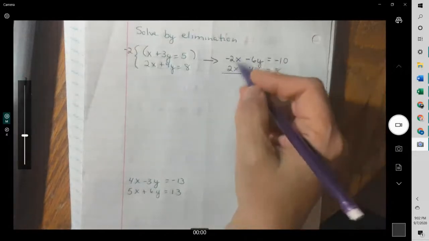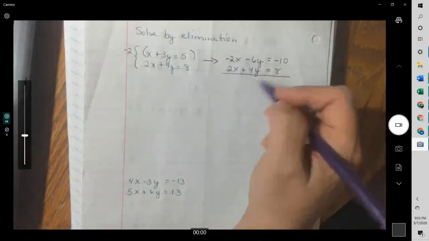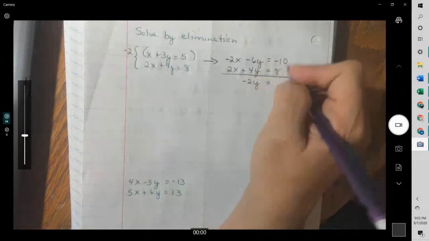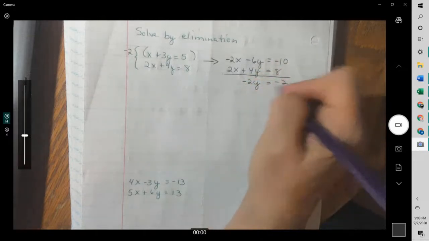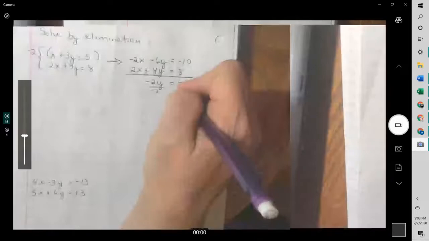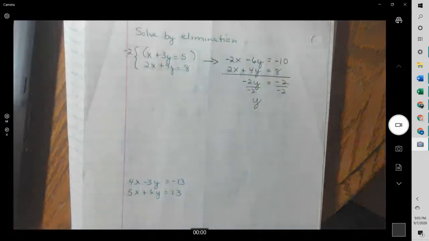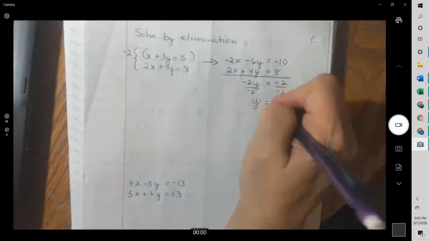Okay, notice now the x's cancel when I add down. And I have a negative 2y equals a negative 2. Divide by the negative 2, and y equals a negative 1. Or, sorry, positive 1.